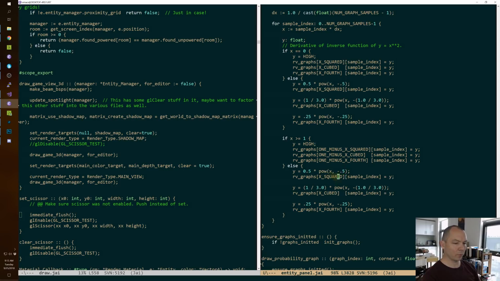Okay. 1 minus x squared, 1 minus x cubed, and 1 minus x to the fourth. Question is, do we really even need these distributions? I don't actually know. We're sort of skipping 0. Oh, no, we're not.